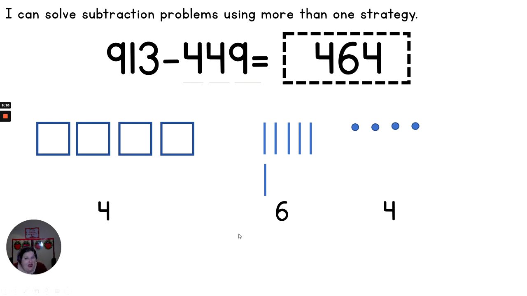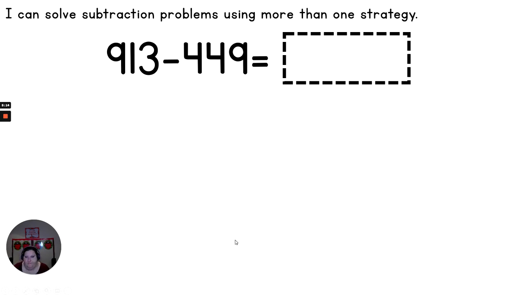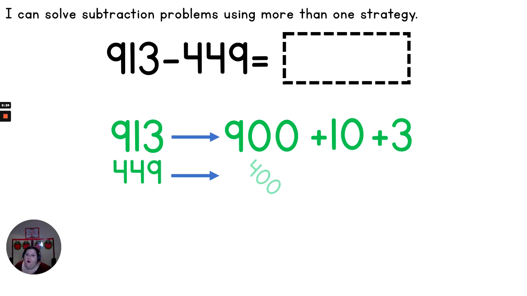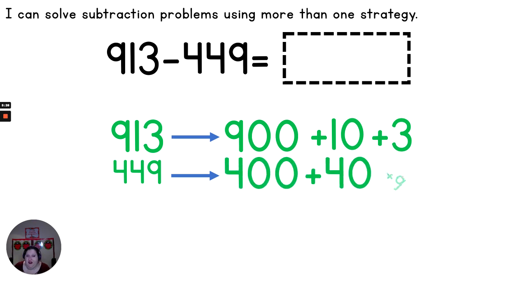Let's try it again a different way and see if we get the same answer. All right, we're going to expand it this time. All right, so this is 913 in expanded form. We're taking away 449. And we're running into that same problem we did on the other one.